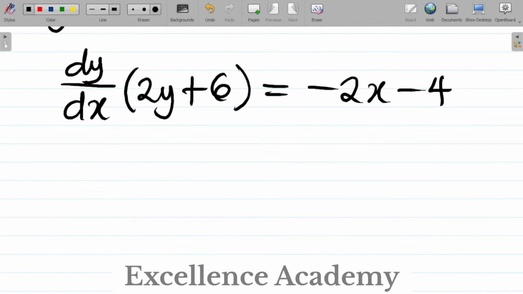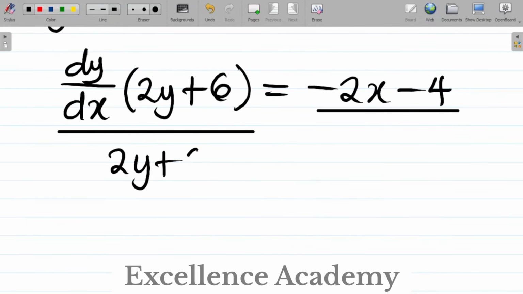Let's get the value of dy/dx. To do that, I'll simply divide here and also divide here by 2y plus 6.